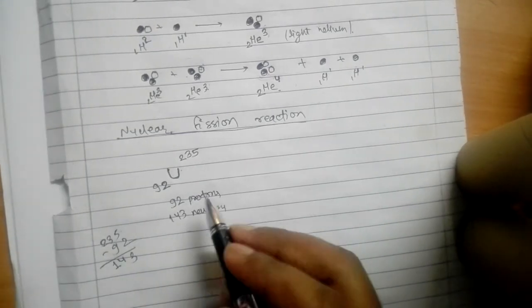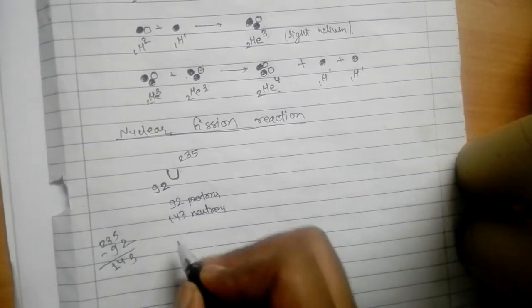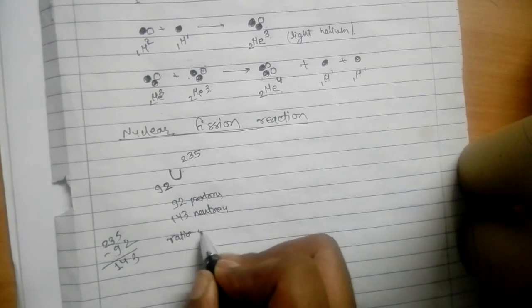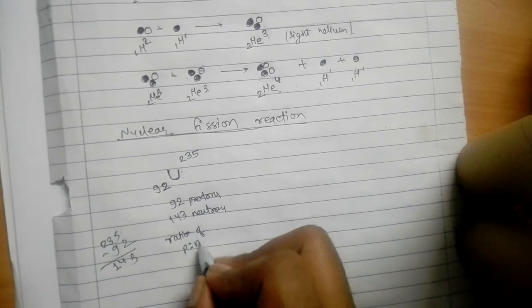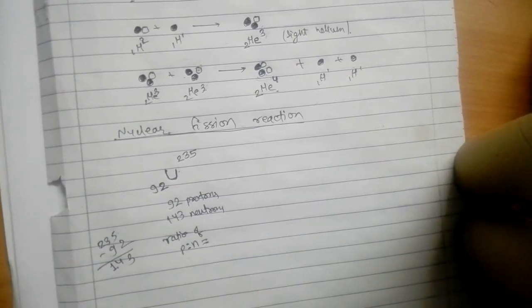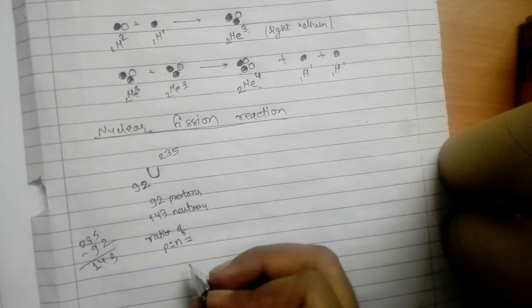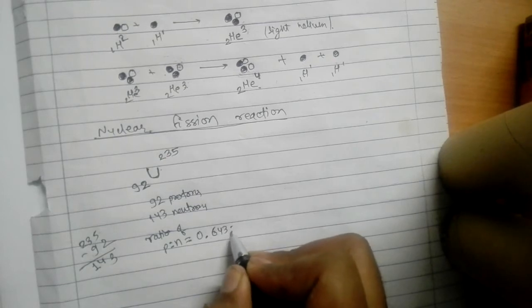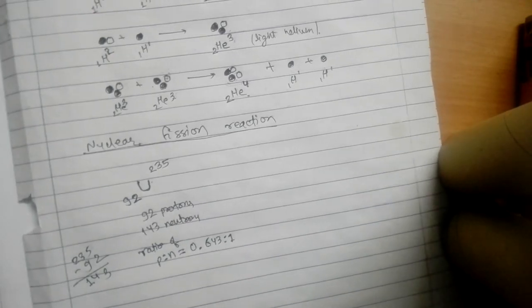You see, the ratio of proton to neutron can be calculated. The ratio is found to be 0.643 is to 1. That means for every 1 neutron there are 0.643 protons.